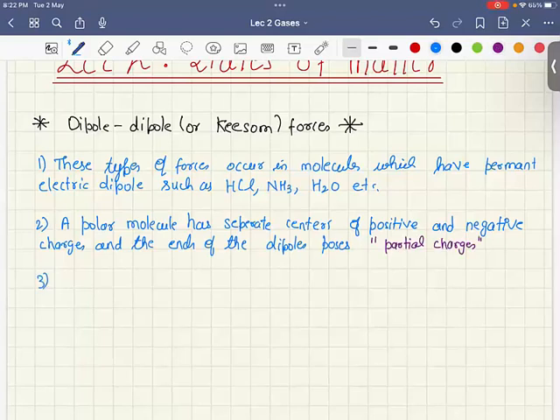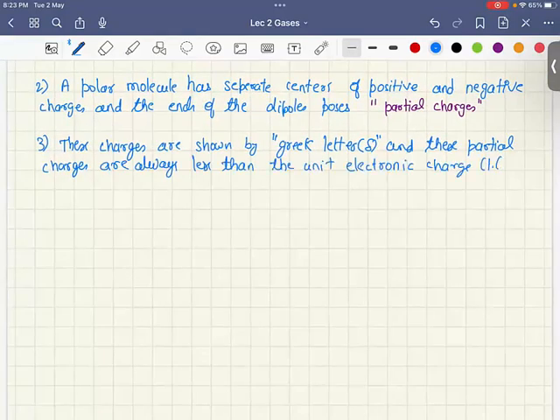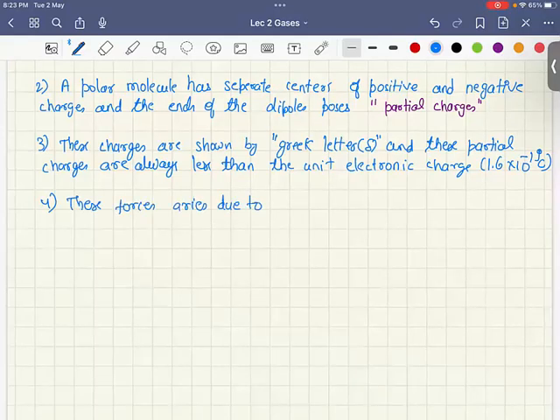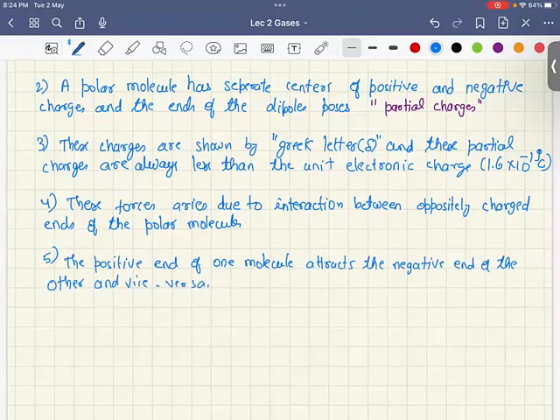These charges are shown by the Greek letter delta, and these partial charges are always less than the unit electronic charge, 1.6 × 10^-19 coulombs. These forces arise due to interaction between oppositely charged ends of the polar molecule. The positive end of one molecule attracts the negative end of the other, and vice versa. For example, let me drag a picture.